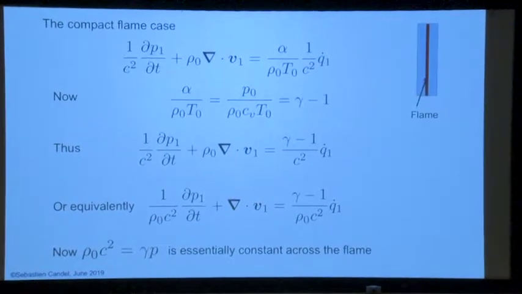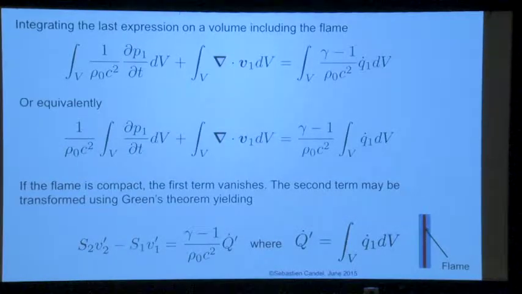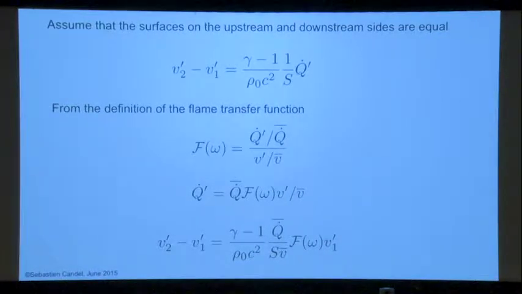And by using this equation here and doing this reasoning, we got this result, which is here. The velocity on the downstream side minus the velocity on the upstream side is proportional to the flame transfer function multiplied by the velocity on the upstream side, the fluctuation here. So this is a rather simple relation for simple models. We are going to use that later on in the morning.